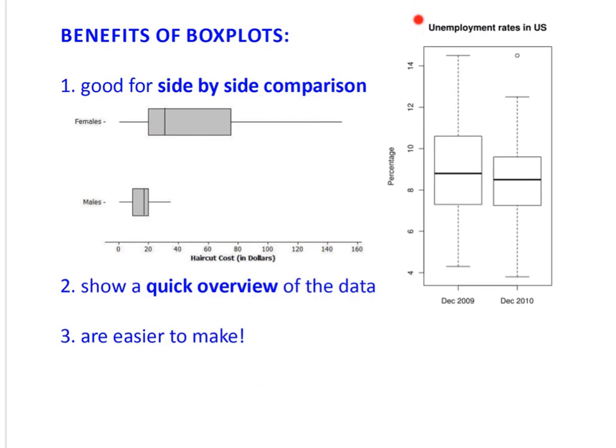Also, over here we have unemployment rates in the US, and I can see the difference from 2009 to 2010 and the fact that unemployment shrunk from that year to that year. Box plots show a quick overview of the data, which is important. It gives us a snapshot, super easy to make if we know the 5-number summary.